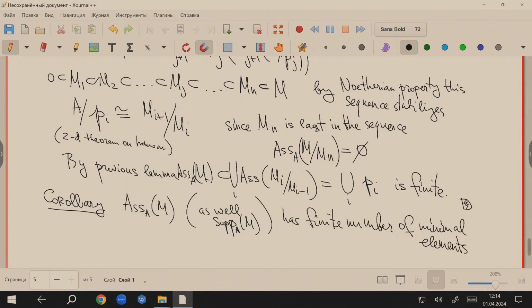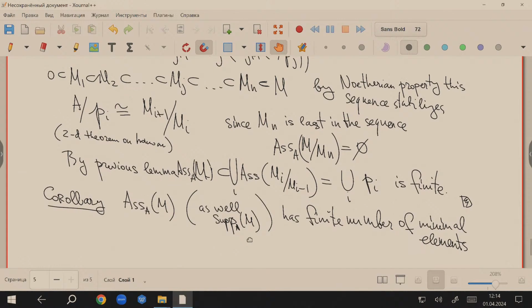Notice that for associated prime ideals it is evident, because this is a small set and we have proved that. But for the support it is not an evident statement, because in the support we have many prime ideals, and it is not clear why this set is finite.